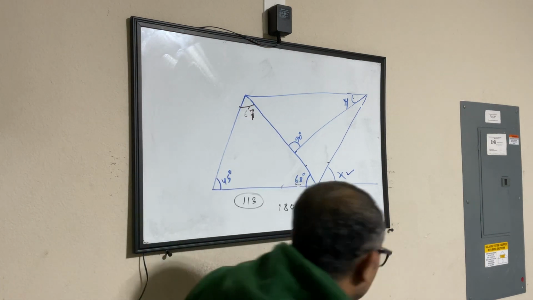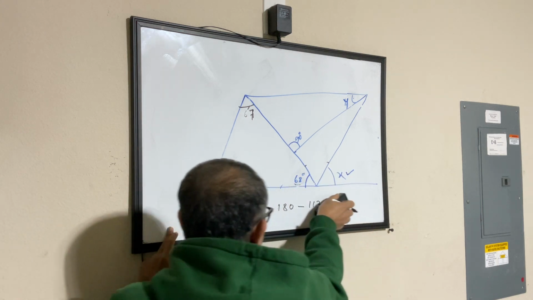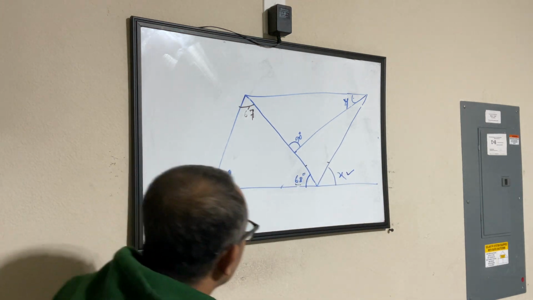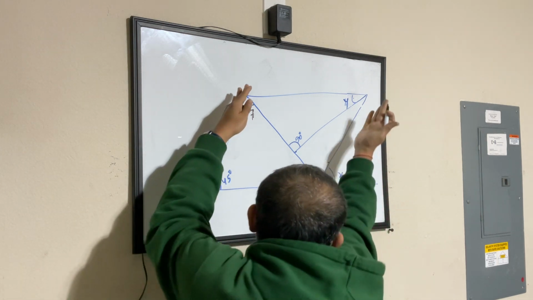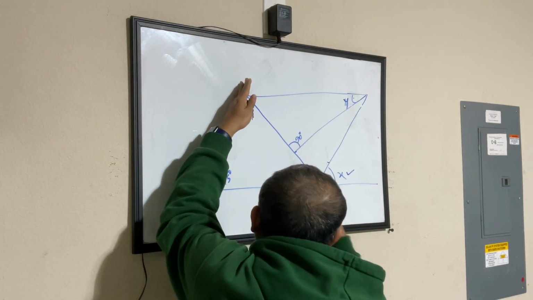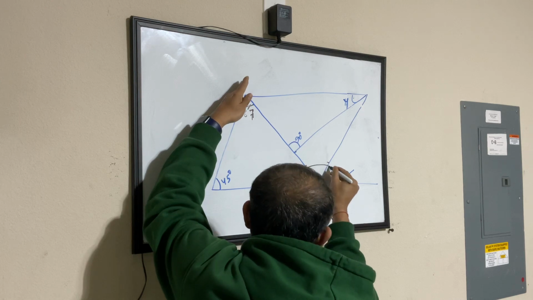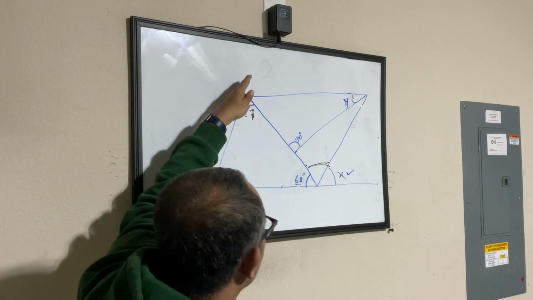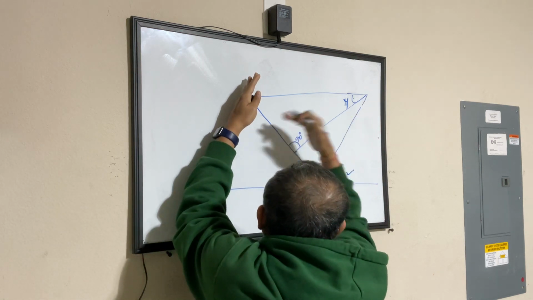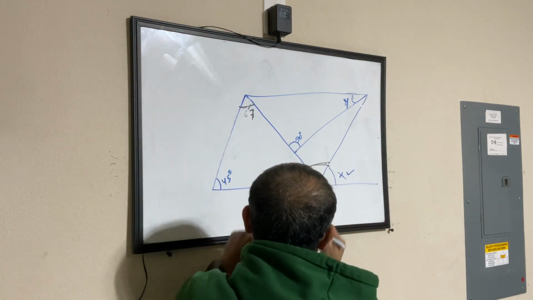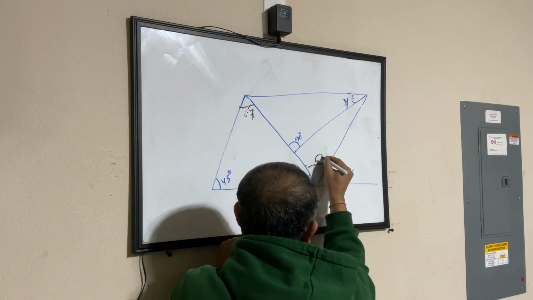Now, without worrying too much about things, always see based on what you know, what else you can find immediately. Now look at this. These two are parallel lines and this is the intersecting line. This angle and this angle are opposite interior angles. So this is 67, this is also 67.